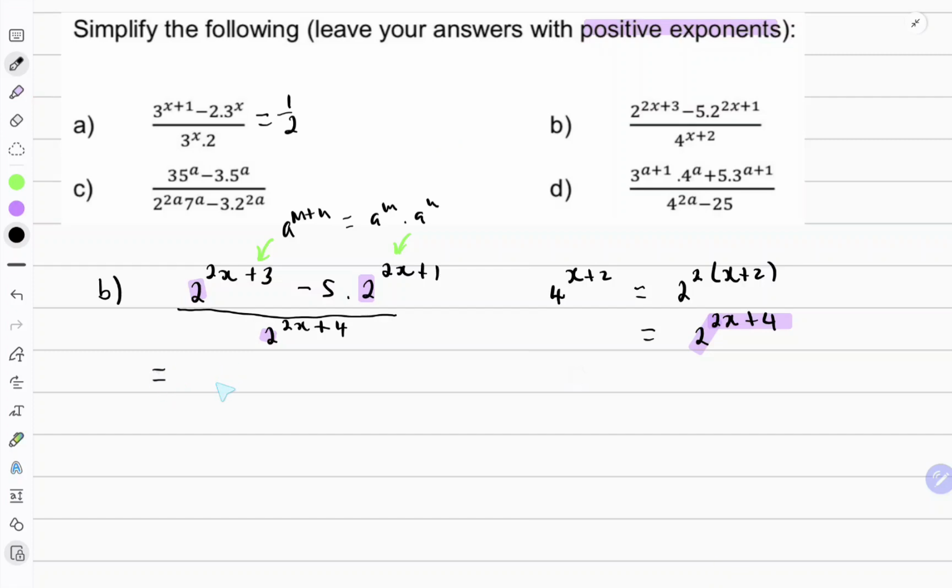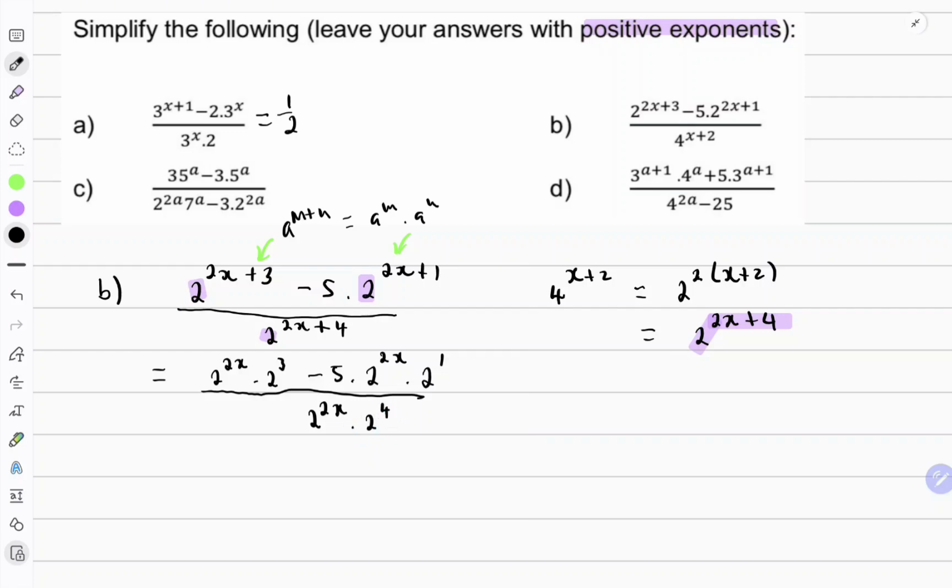So this can be written as 2 to the power of 2x times 2 to the power of 3 minus 5 times 2 to the power of 2x times 2 to the power of 1. And similarly, you can use the product rule in the denominator as well: 2 to the power of 2x times 2 to the power of 4.